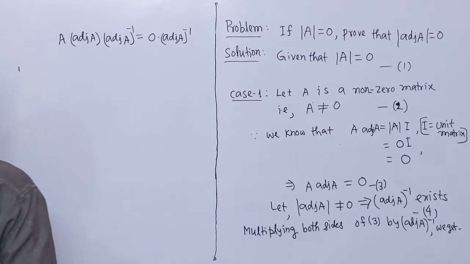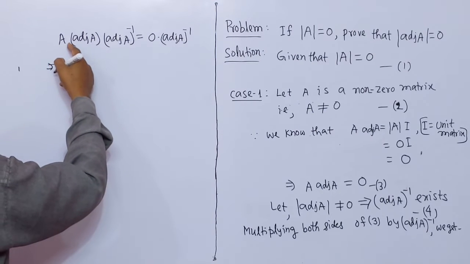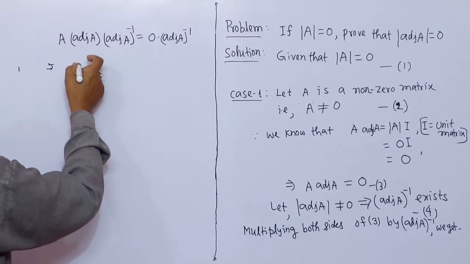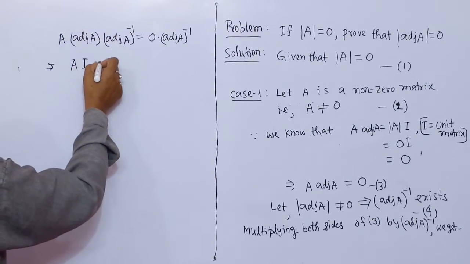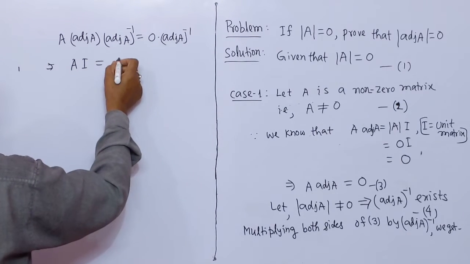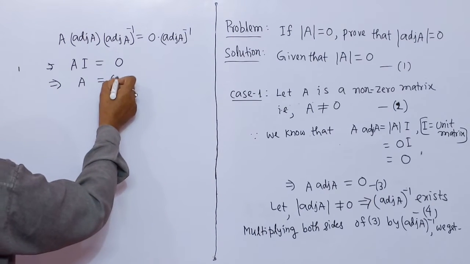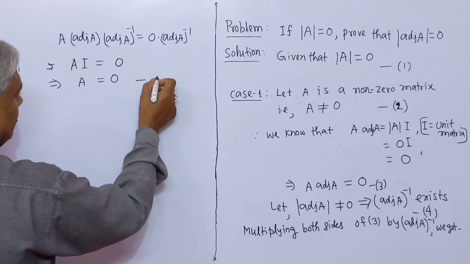This is a 0 matrix. This implies that A, here adjoint A multiplied by adjoint A inverse means unit matrix, A multiplied by I, 0 multiplied by any matrix is 0. This implies that A equal to 0. This is number 5.